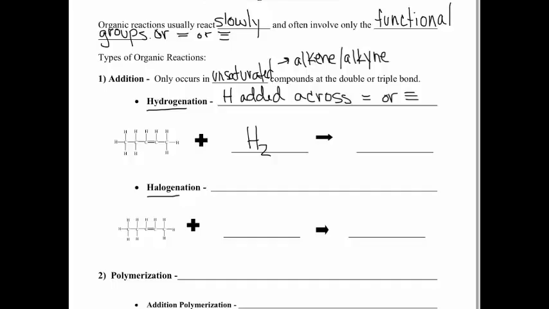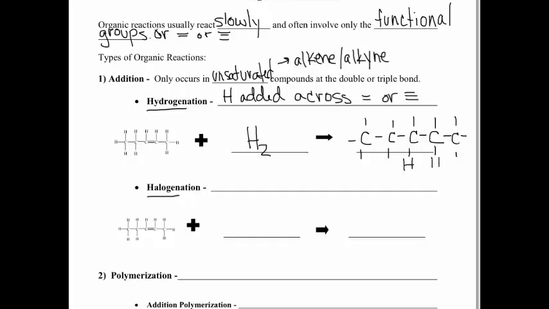So what you're going to end up doing is this hydrogen, the H2, is going to be added across this bond, putting a hydrogen on each of these carbons and making the bond between them a single bond. So you're going to end up with pentane when you're all done. Normally we don't write in the hydrogens.